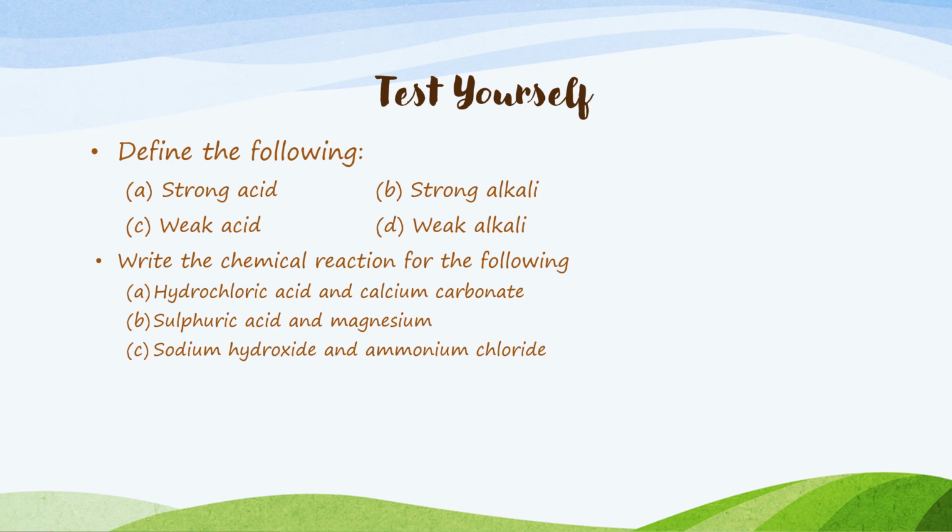Make sure you can write it down and memorize these definitions by heart, and then write the chemical reaction for the following reactions. I have listed them down, so please write a chemical reaction for each.